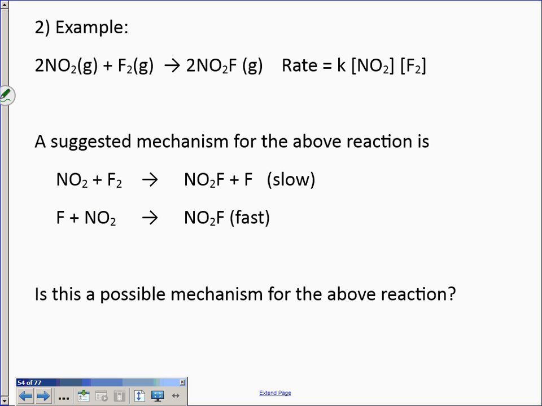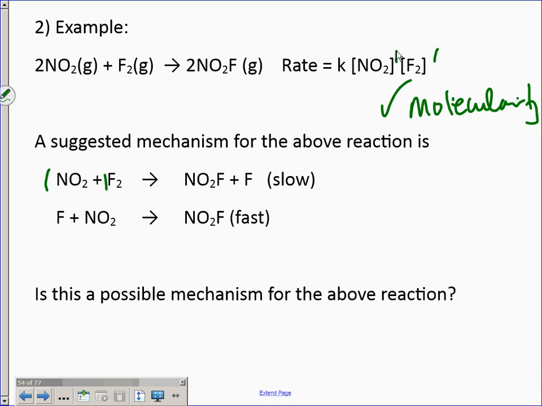Yes, because this is a 1 and a 1, this is a 1 and a 1. So the molecularity criterion is met. When you're describing these, you do have to say 2 sentences at least, right? Criteria 1 is met, molecularity of the rate law is first order, which matches the coefficients of 1 and 1.